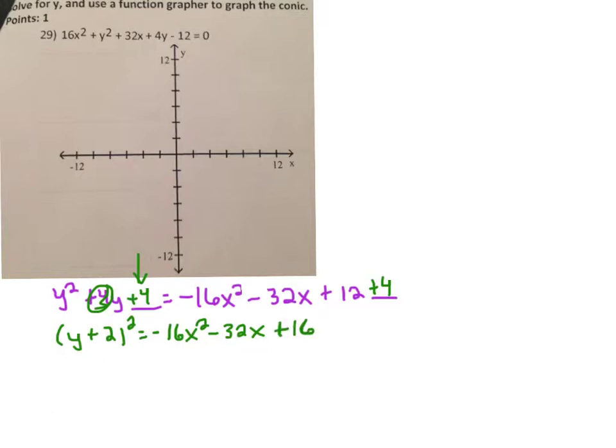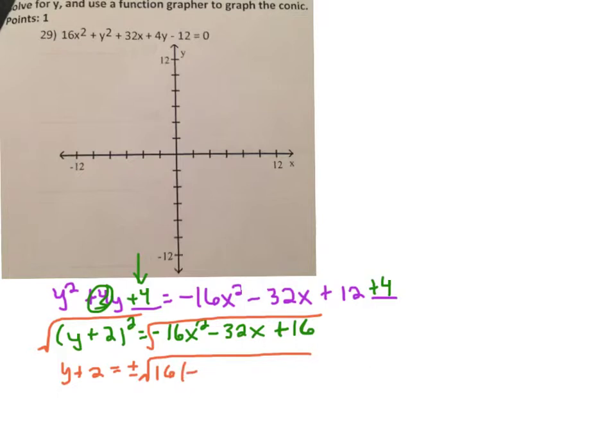We're going to square root both sides. And so remember that when you square root something in an equation like this, that means there's a plus or minus sign in front of that square root now. Also, I would like to factor a 16 out.